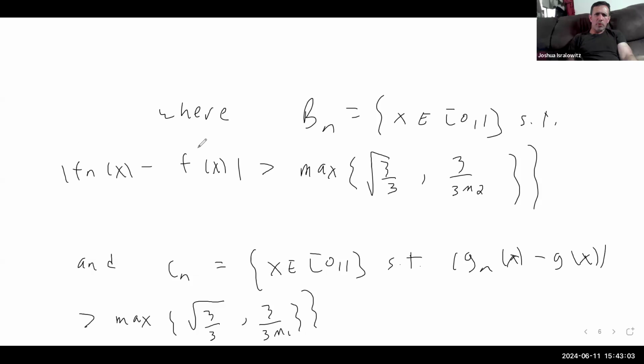So both of these here are less than or equal to the maximum. So they're less than or equal to both of them. I think you want the minimum, sorry. Yeah, you want it to be less than or equal to the smaller one.